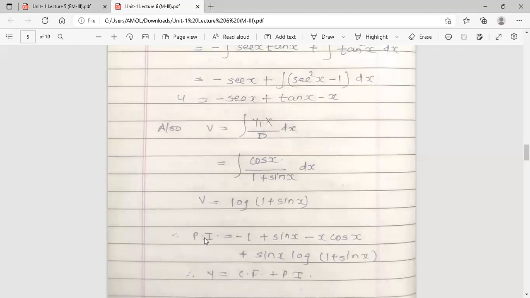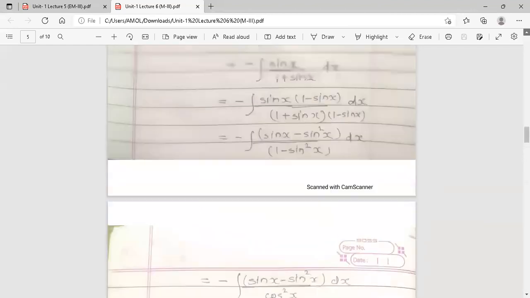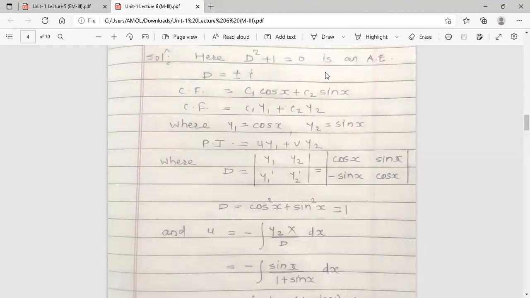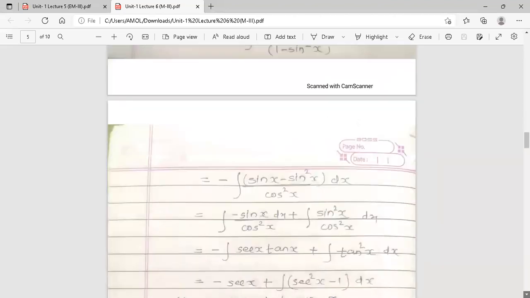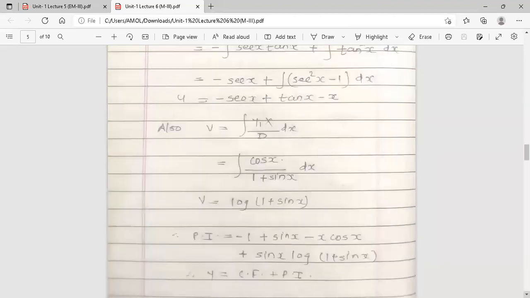And then the value of v is log of 1 plus sin x, and so PI is equal to u y1, u into y1. u is here minus sec x plus tan x minus x, times y1. What is y1? y1 is here cos x. So multiply the term of u by cos x.